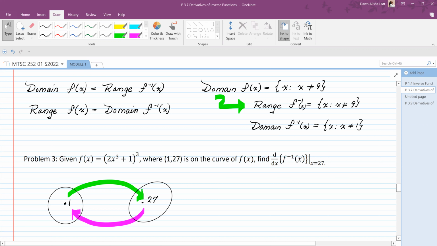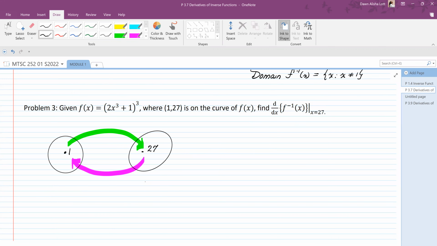So now I want the derivative of f inverse of 27. What do I need to do? We have 1 minute. What do I need to do?